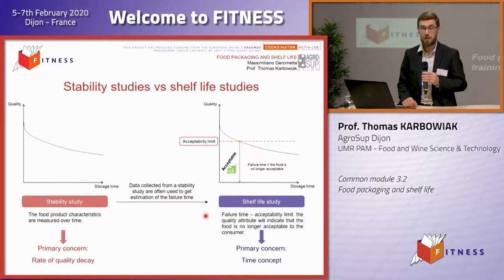What you will study, if you want to study the quality changes of a food over time, are some stability studies. That means you will follow the evolution of the quality over time, and you will have a rate of quality decay. And when you do a shelf life study, what you will have to define is an acceptability limit.